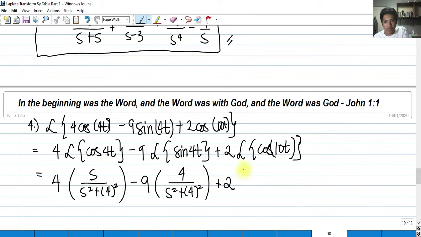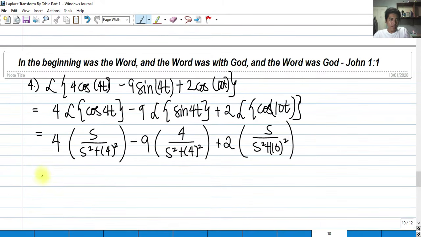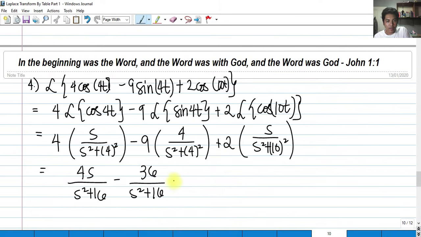Plus, this is again cosine, the Laplace transform of cosine, that is s over s squared plus 10 squared. So, simplifying, we have 4s over s squared plus 16, minus 9 times 4 is 36 over s squared plus 16, plus 2s over s squared plus 100.